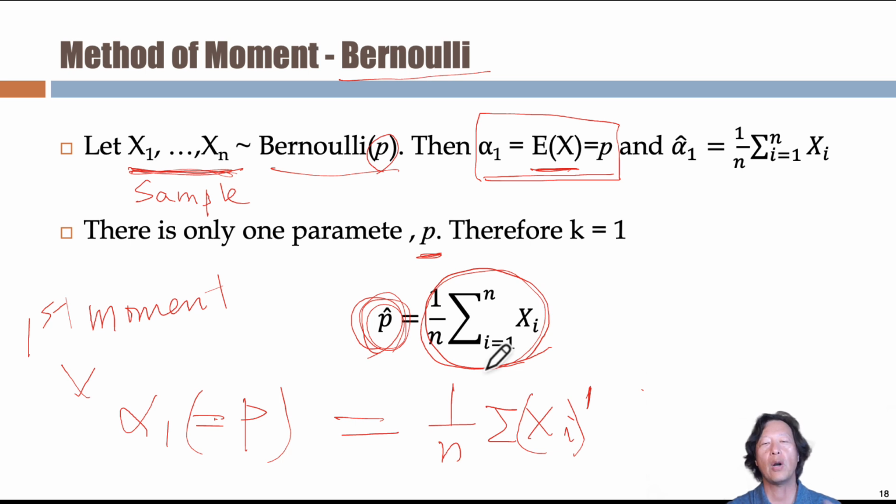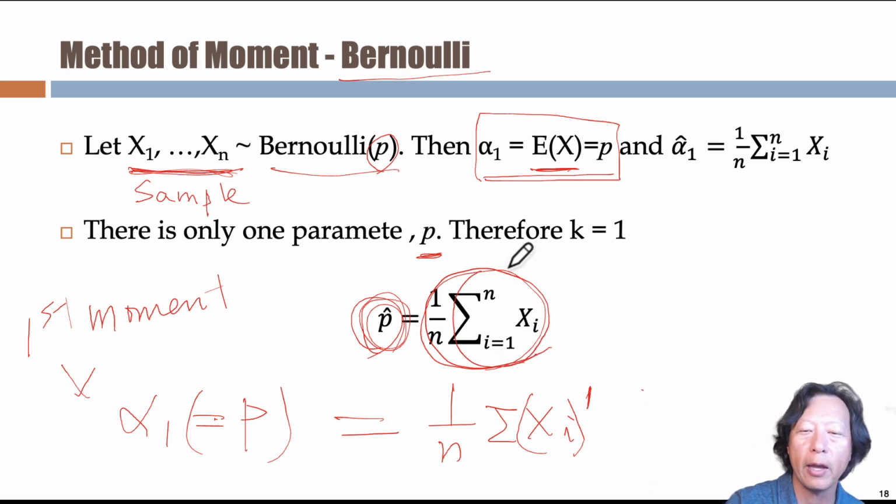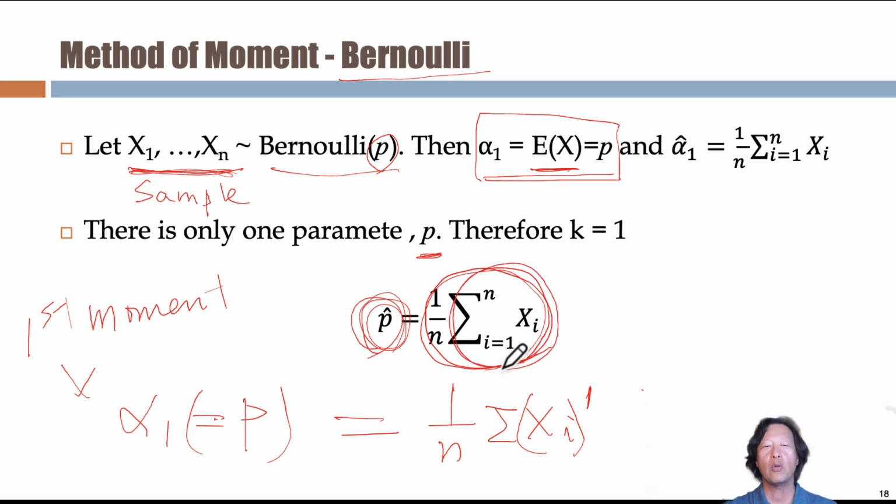So this is clear. Bernoulli says 0 or 1, so x1, x2, x3, up to xn will all be 1 or 0: 1, 1, 0, 0, 1, 0, 1, right? So you tried n number of times, and then you add up. If you add up, what will you get? You will get 1 plus 0 plus 1 plus 0, right? So the summation will be only the number of successes.